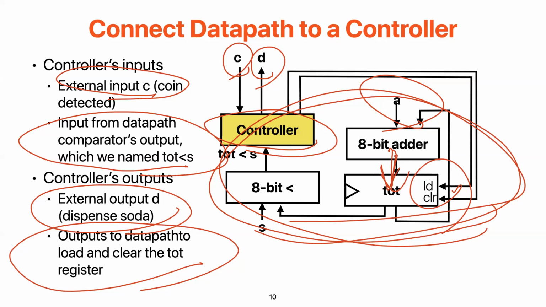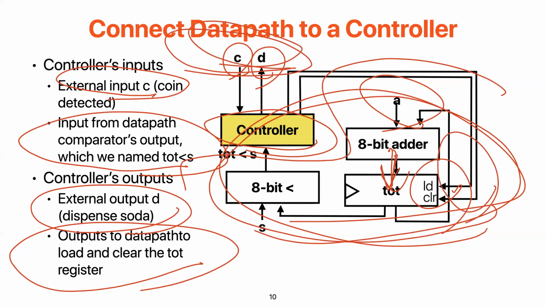And I think the previous question didn't specify clearly that we are just talking about what you see in a data path component, including signals like C and D and those outputs generated from here. So this is the design, right? We have the controller, and the controller would generate those signals to the data path elements and generate the final input and output for the user.